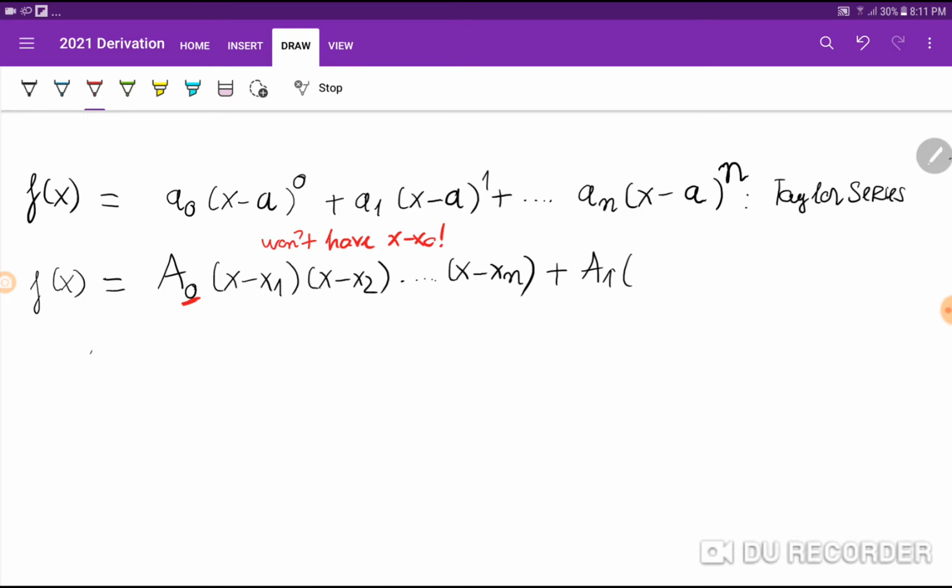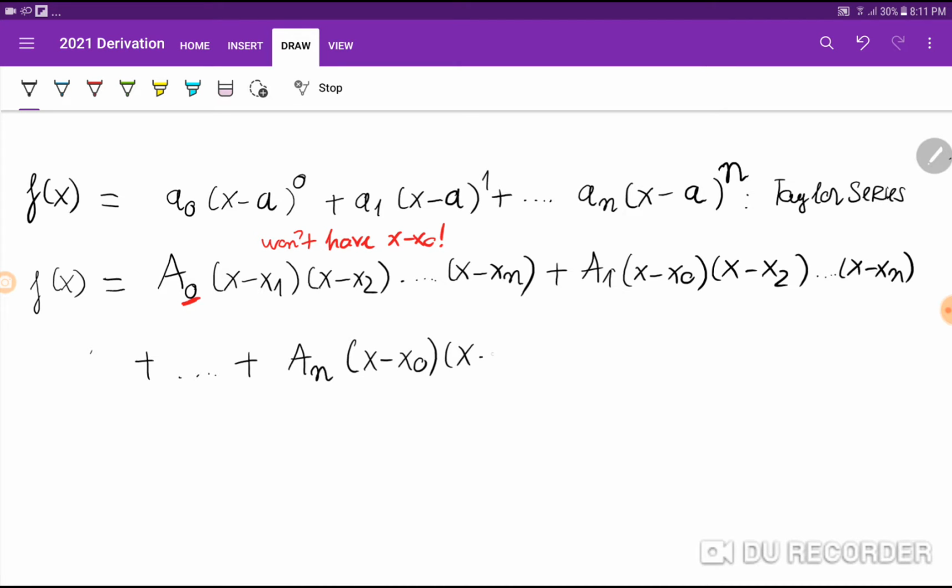So A1 is multiplied by (x minus x0)(x minus x2) all the way to (x minus xn), and then plus all the way to An times (x minus x0)(x minus x1) all the way to (x minus x(n minus 1)). This is the Lagrange interpolation.